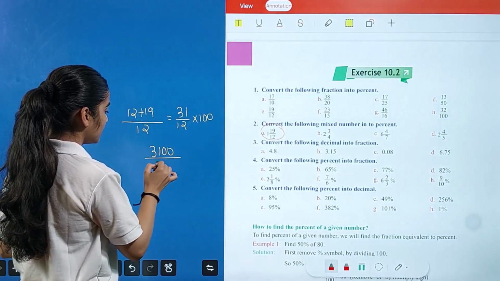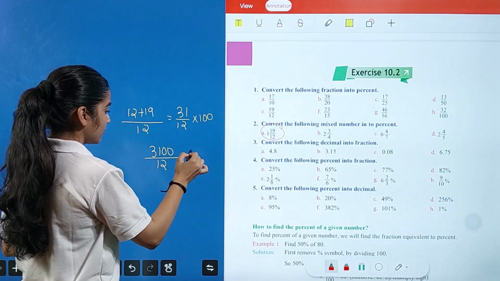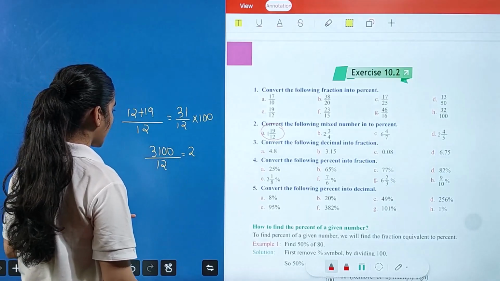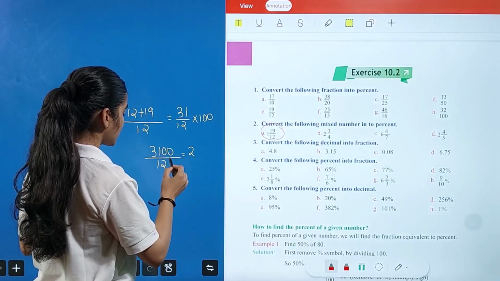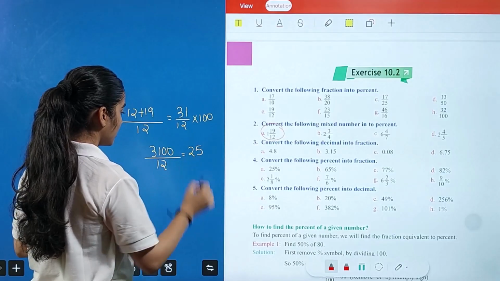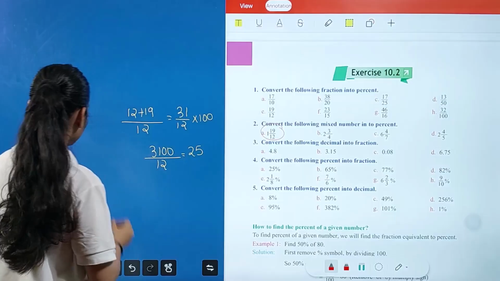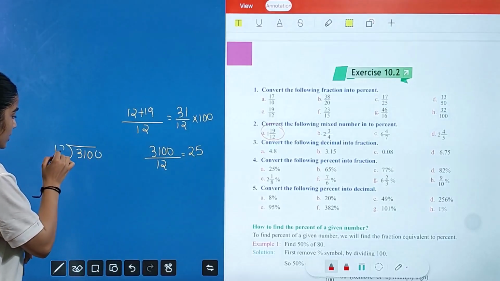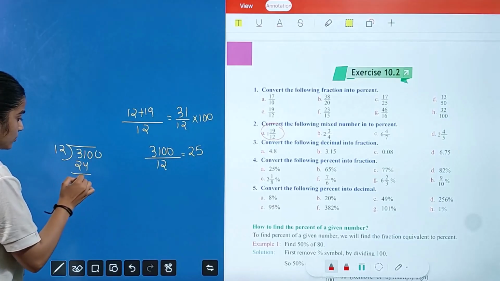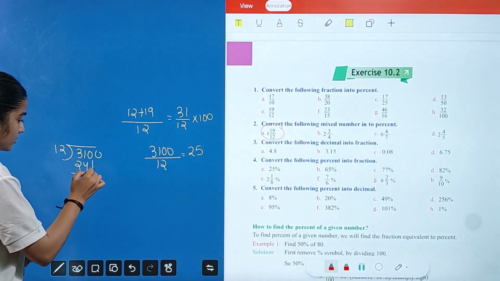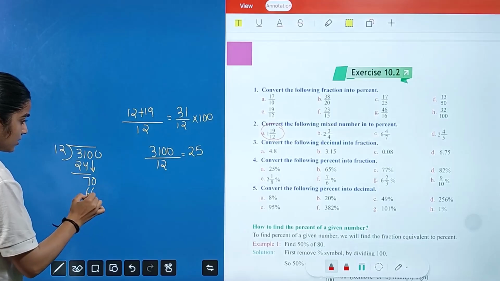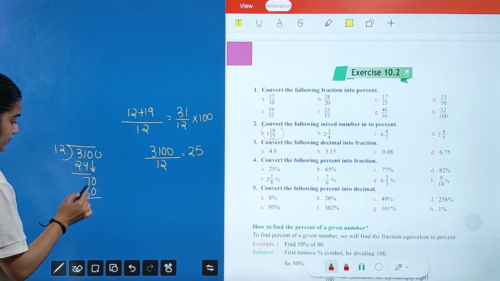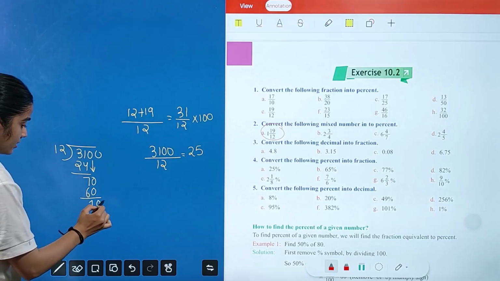3100 divided by 12. First we have to take 24, 6 and 1, 7. So 71. Then you have to take 25. You just have to divide 3100 with 12. So 24, 7, 70, 60, 10, then 100.